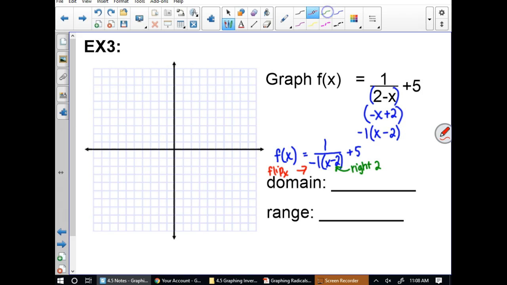And then over here, this plus 5, it's up 5. So if you see one that's backwards in its subtraction, factor a negative 1 out to get that negative on the outside. And it'll also make your x look right on the inside. Okay, questions on that?